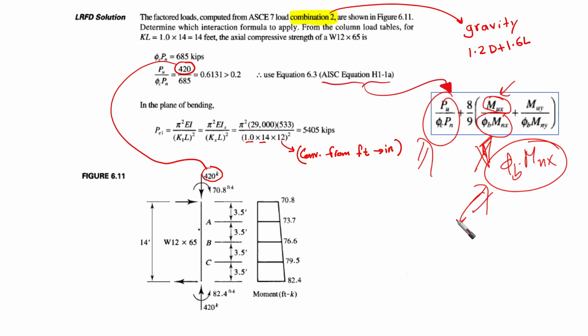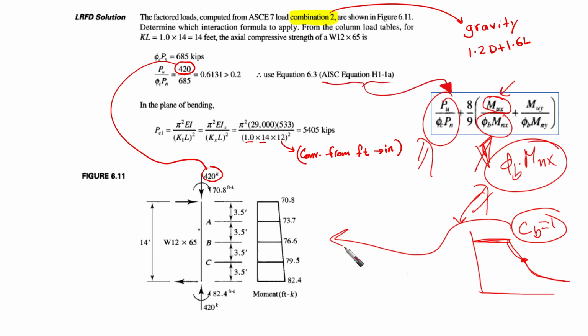For the flexural strength of the beam, we are going into the charts. Do you remember the charts that we have used before? So we're going to use these charts. These charts are for Cb equal to 1. But actually Cb for our case is going to be different. We have moment gradient here. Do you remember? Whenever we have moment gradient, this means that we need to use Cb larger than 1, right?